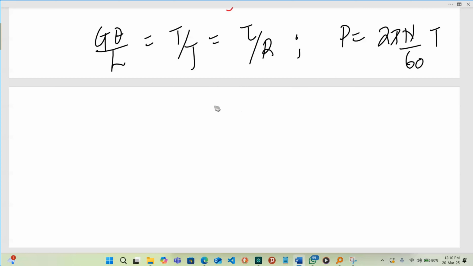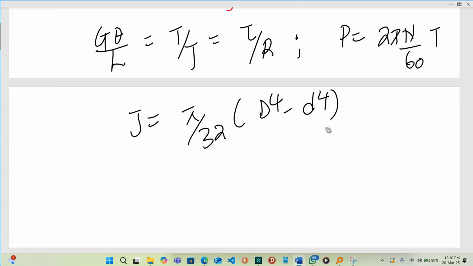And then we know that J is equal to pi out of 32 into D to power 4 minus small d to power 4. But here we can just proceed and see that we are given that the ratio of inside diameter, that is small d divided by capital D, is equal to 0.6.